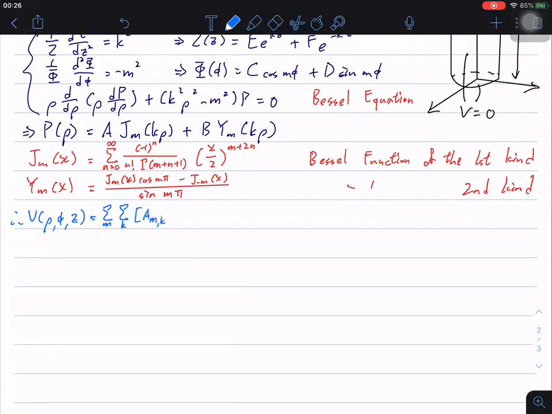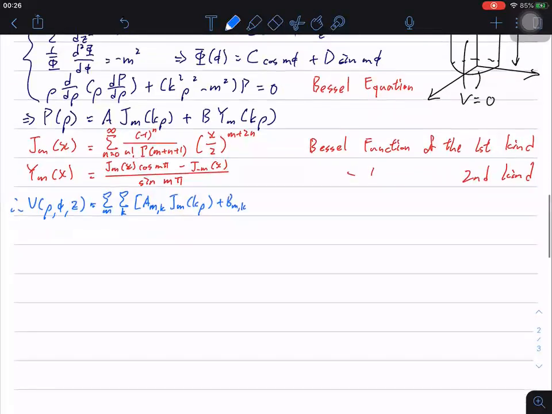Here we are summing over all possible m and k, with each term being those three functions multiplied together. For every m and k, we have a set of constants a, b, c, d, depending on the boundary conditions we impose later in the question.